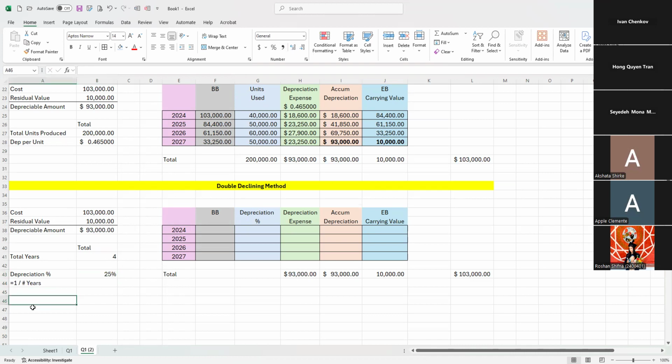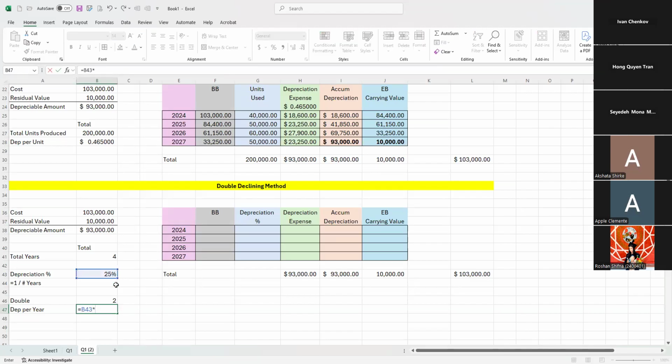So what do we have to do? We have to double it. Double means times 2. So depreciation per year is going to be 25 times 2. It's going to be 50%. Make sense?